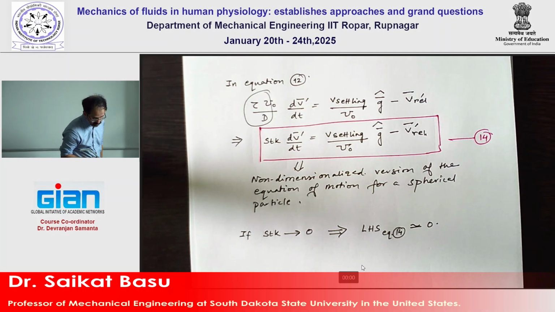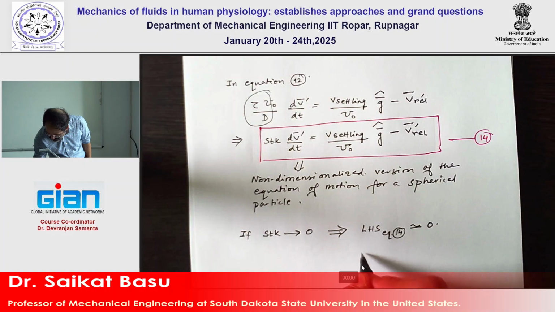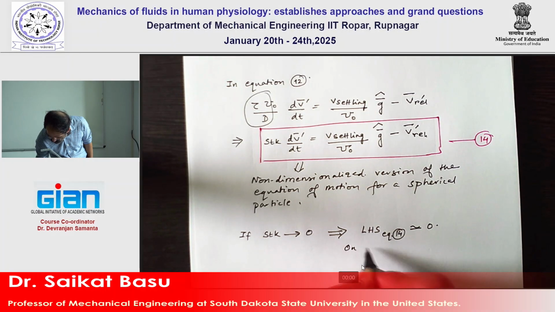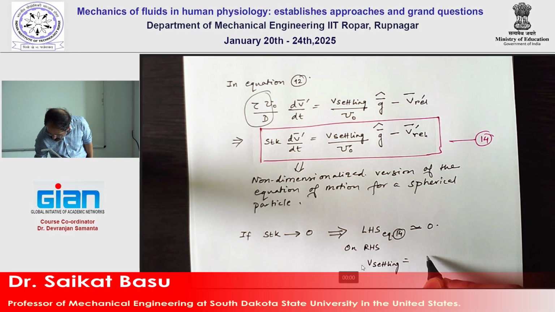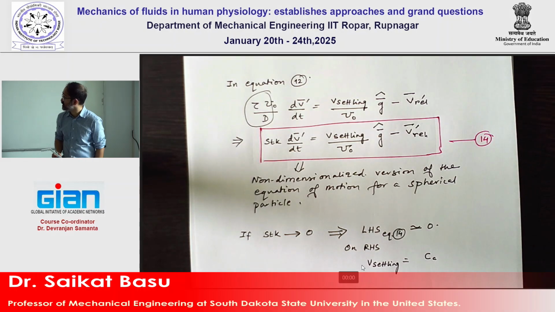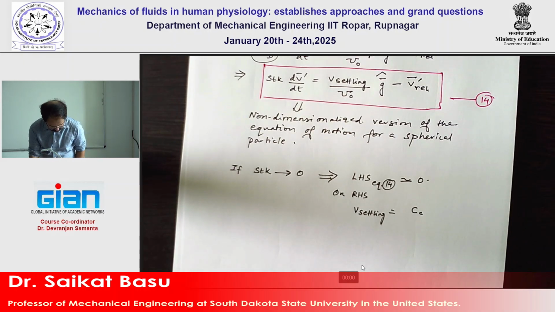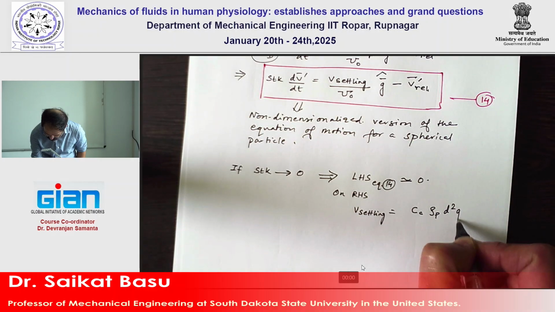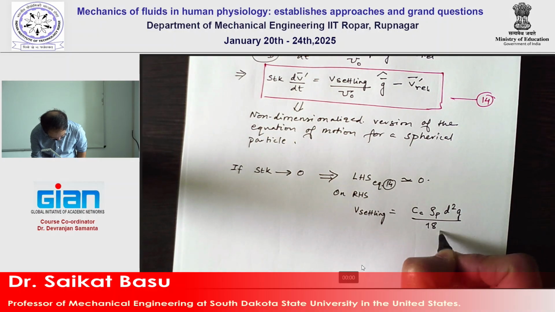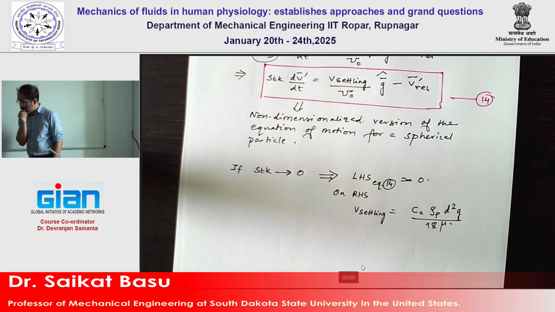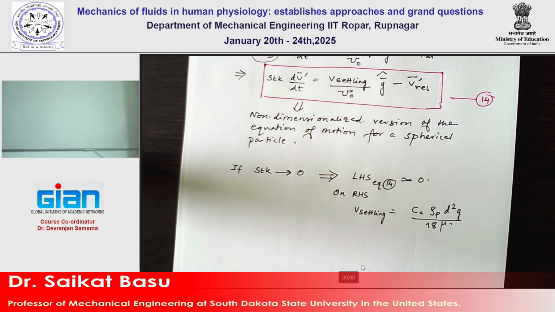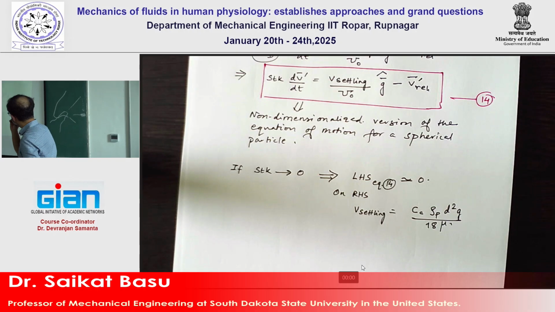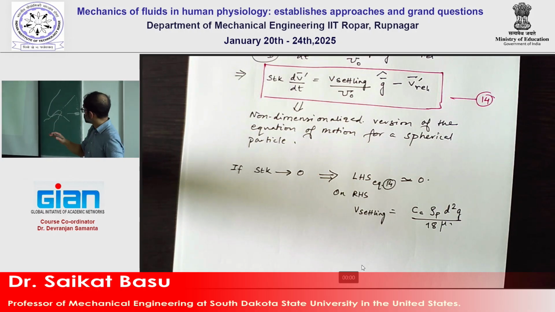On the right hand side you have V settling, which is, if we again use the formulation that we have derived before, slip correction factor times rho p d square g over 18 mu, right? We can rearrange this right hand side of the V settling to see how it depends on the Stokes number. So let's do that.